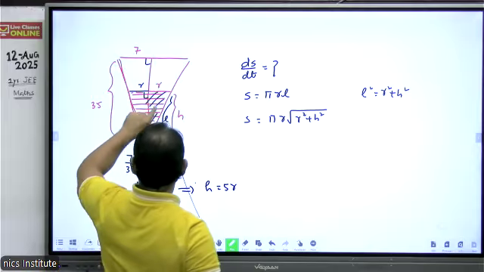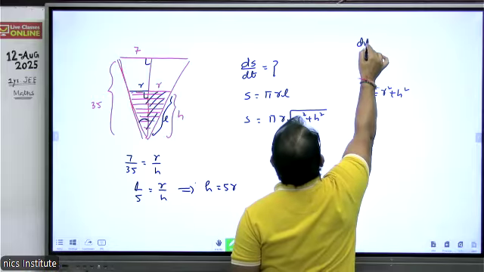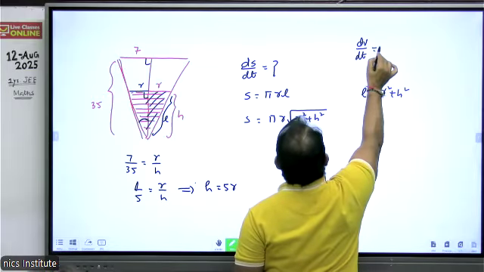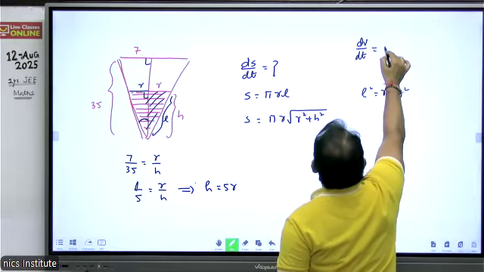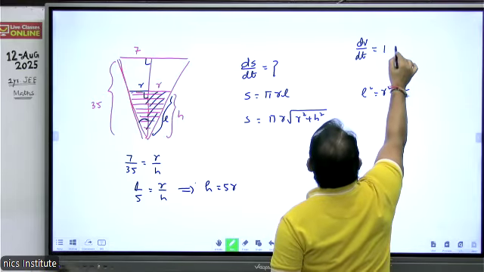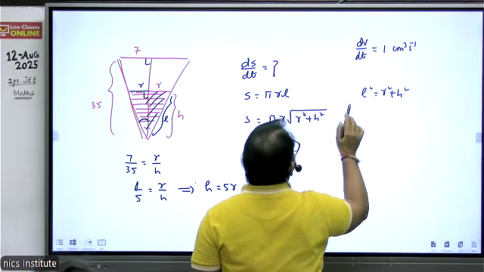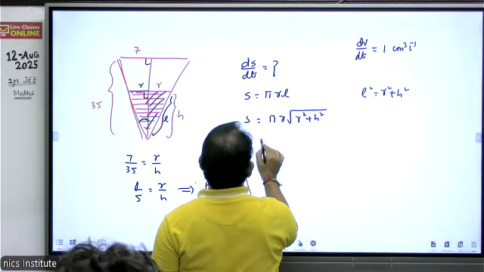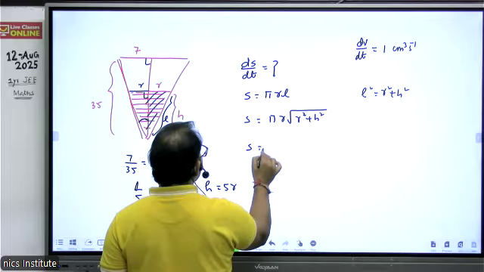We've been given dV by dt. What is dV by dt? 1 centimeter cube per second. So the problem has given you dV by dt, which is 1 centimeter cube per second. From here, I can replace h in terms of r because I need one common variable.